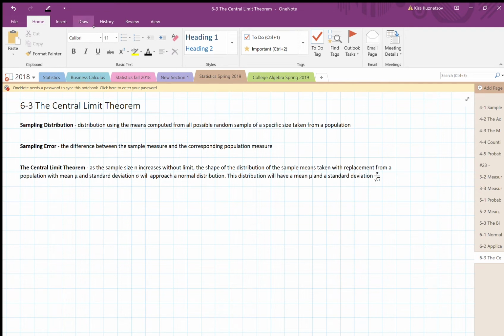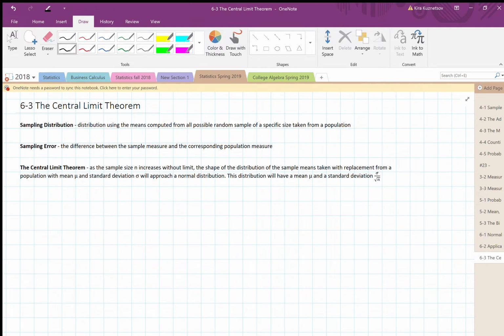There's actually one more vocabulary word that I'd like to stick right about here: this piece right here has a name. It's called the standard error of the mean. So one more vocabulary word there.